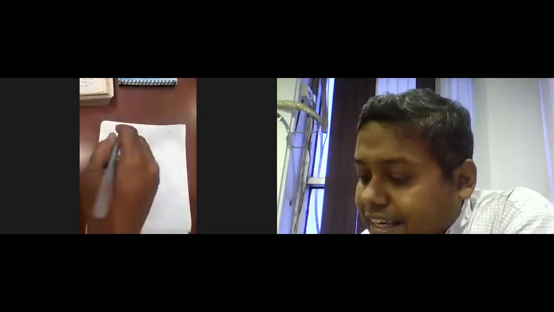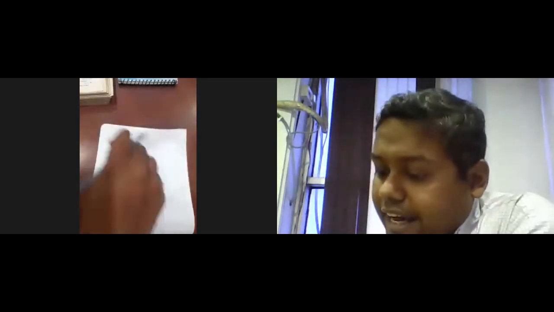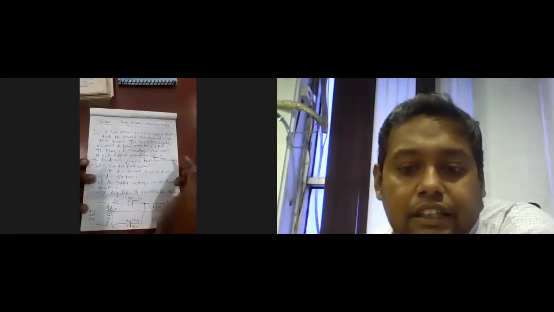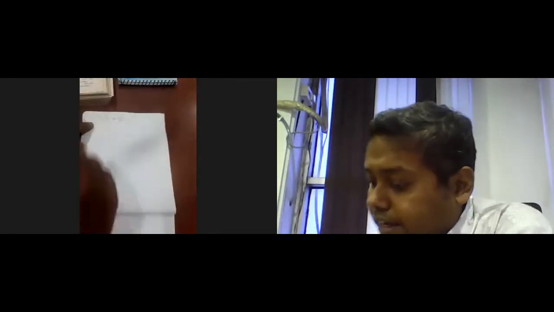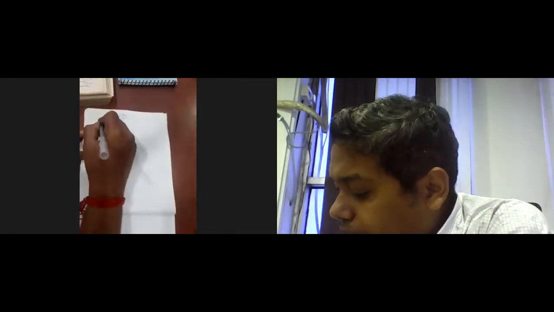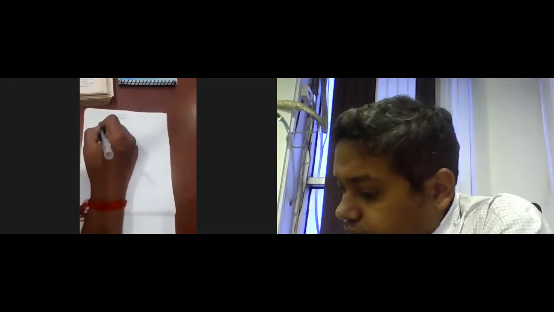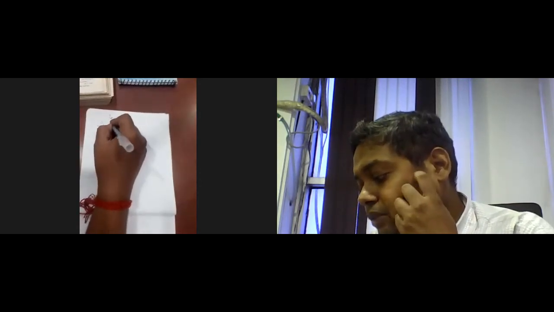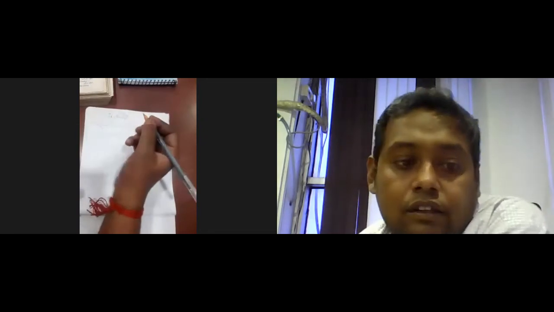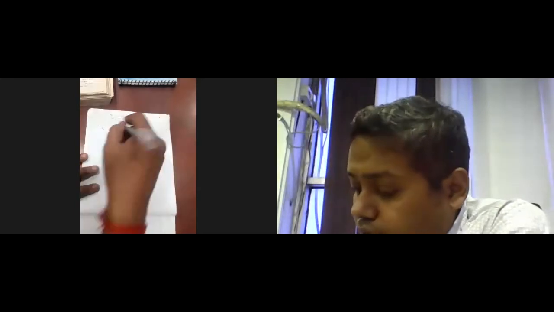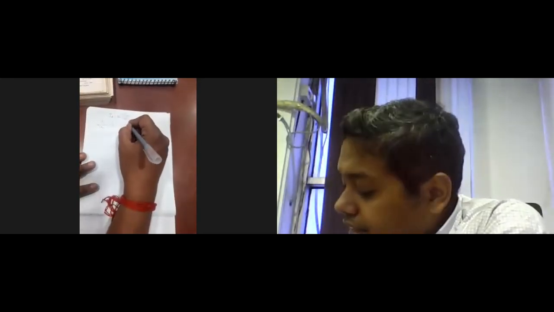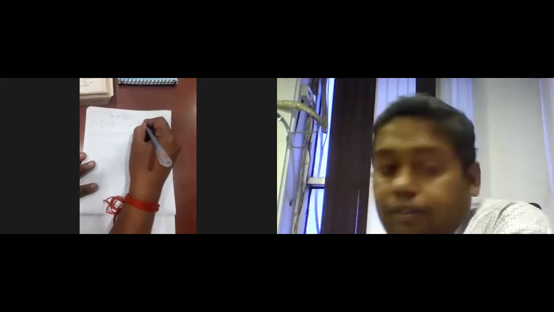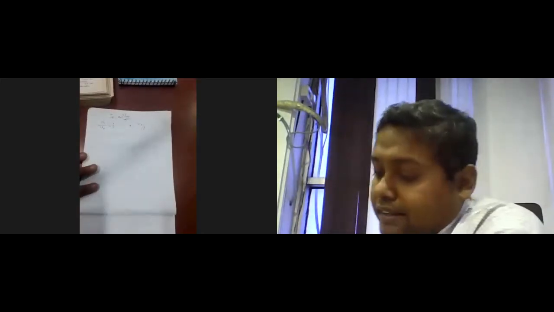For that, we will use the primary to secondary turns ratio, which is given as 1:3. Definitely from here, Vs equal to Vp by 3.